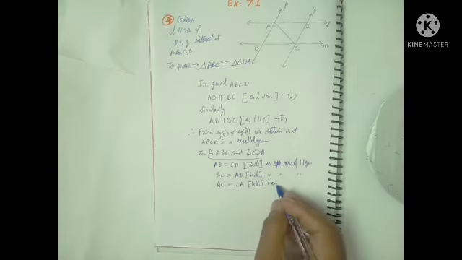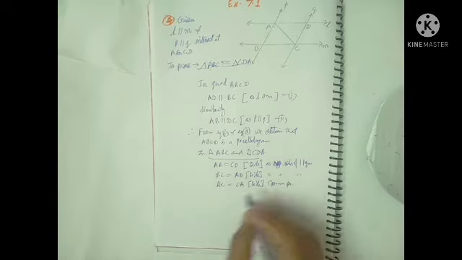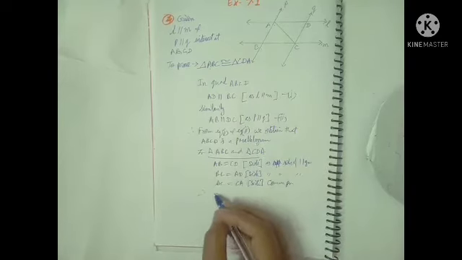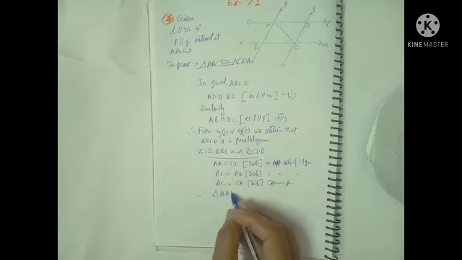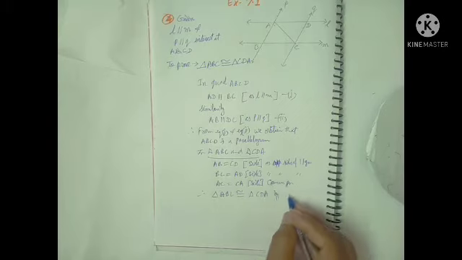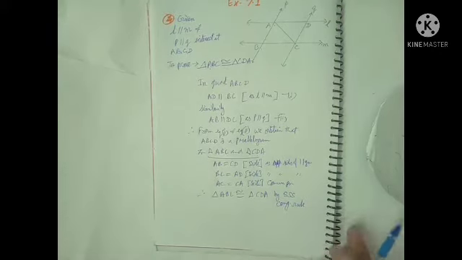Common. Actually AC and CA is a common side for both triangles. So therefore triangle ABC congruent to triangle CDA by SSS congruence rule. So we have done this question very easily.